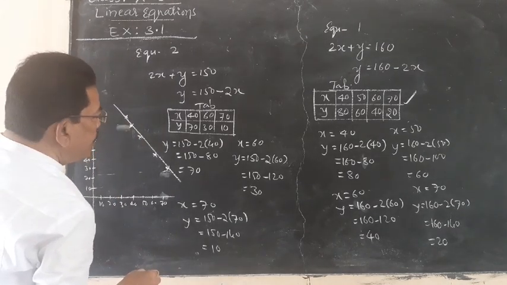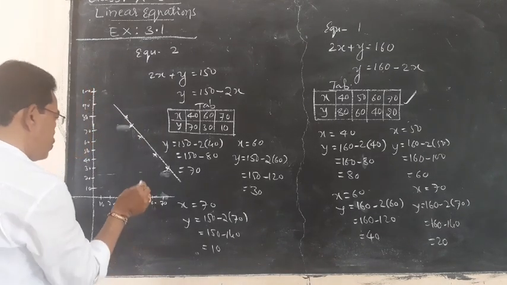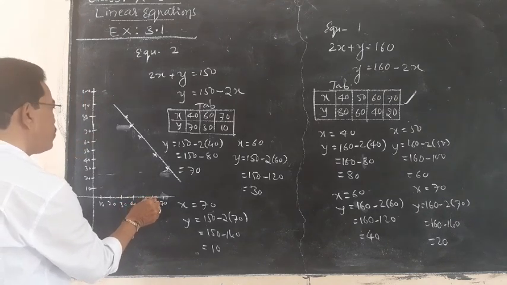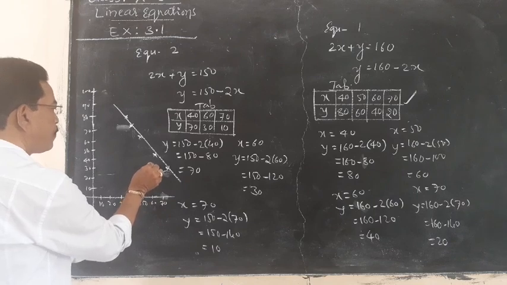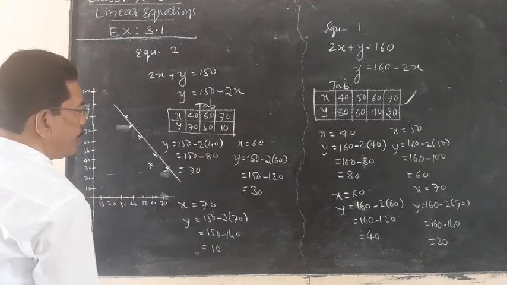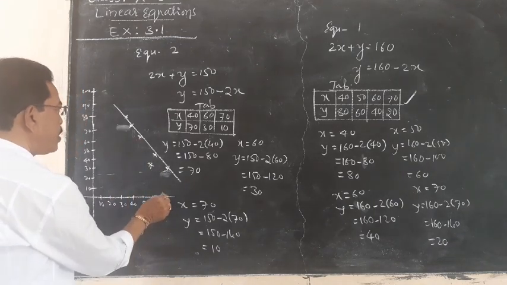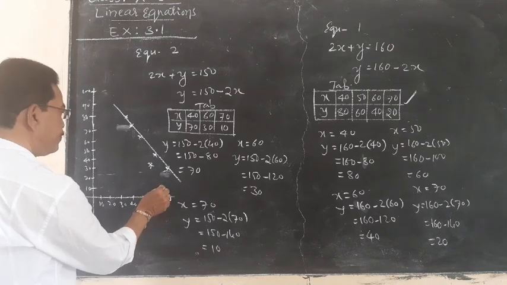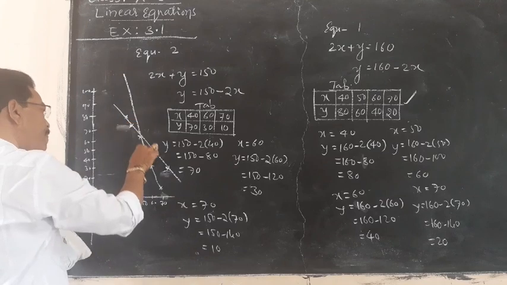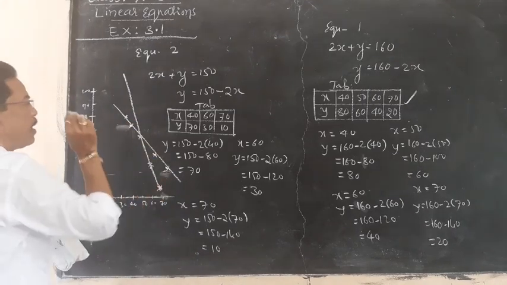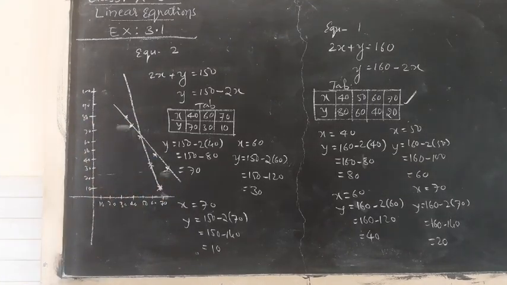Then x equals 60, y equals 30. Then x equals 70, y equals 10. Like this, we have the graphical representation.